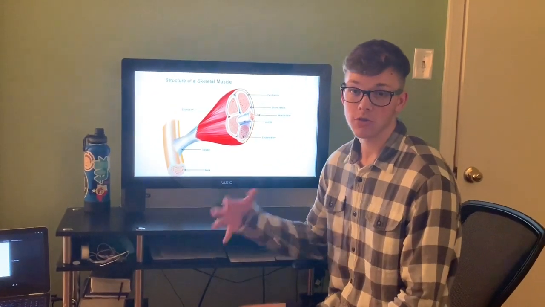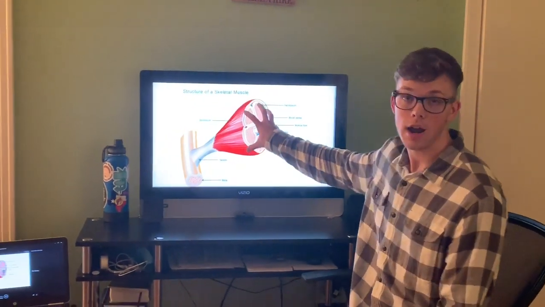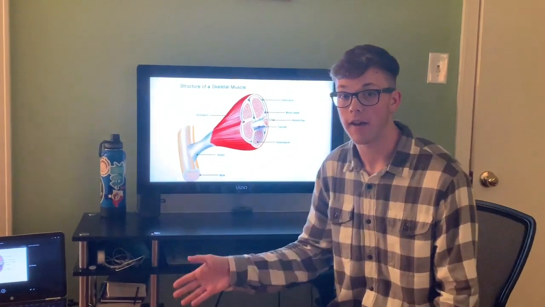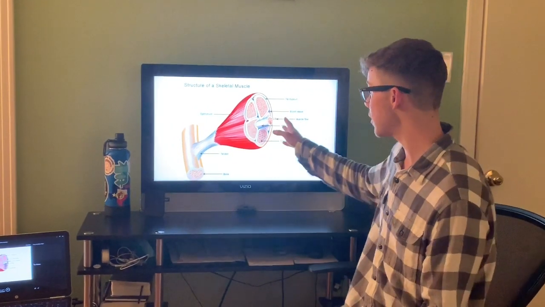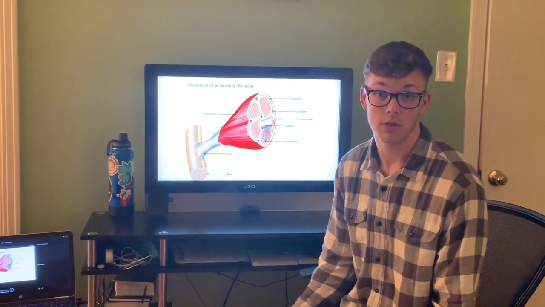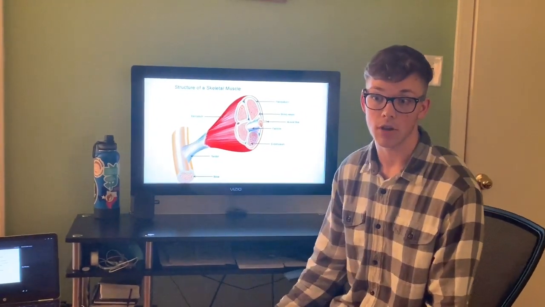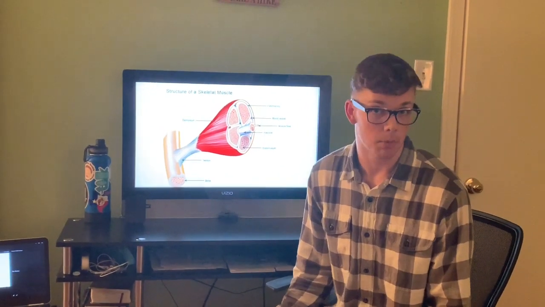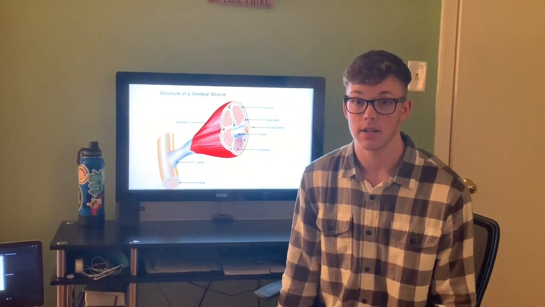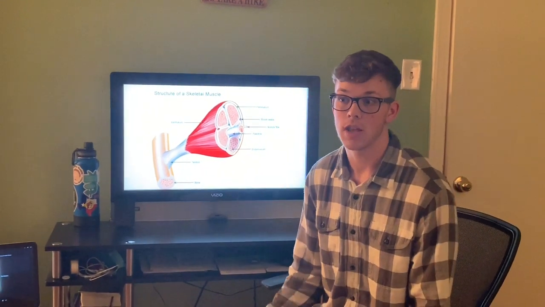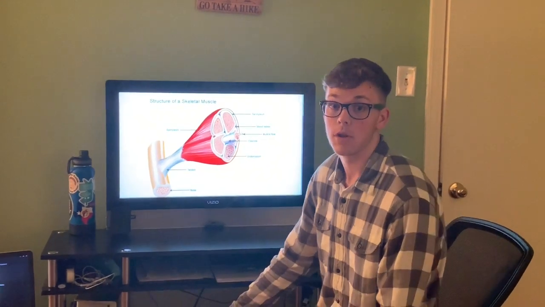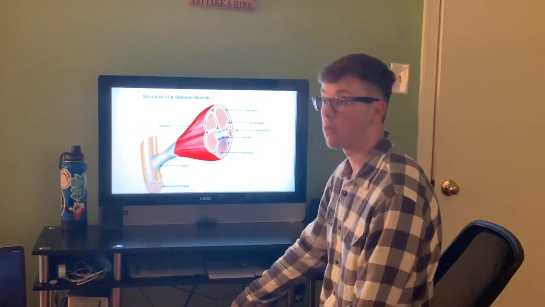Now, when we look at the entire muscle, all of these muscle fibers are not going to be either fast twitch or slow twitch. There's a ratio of fast twitch and slow twitch fibers scattered around the muscle. When you look at people like Usain Bolt, he's going to have a higher percentage of fast twitch fibers in his muscles compared to, say, a marathon runner like Wilson Kipsang, who will actually have more slow twitch fibers.